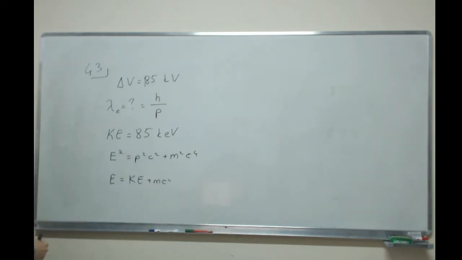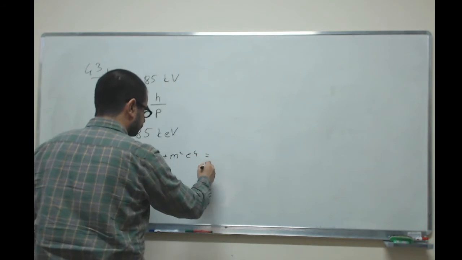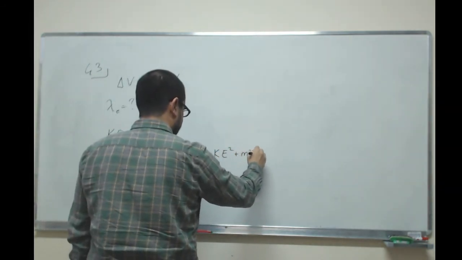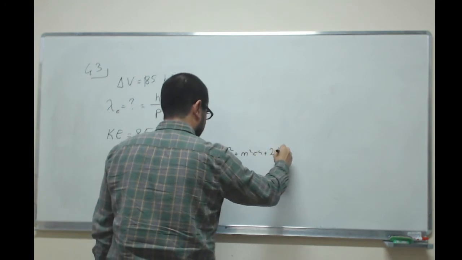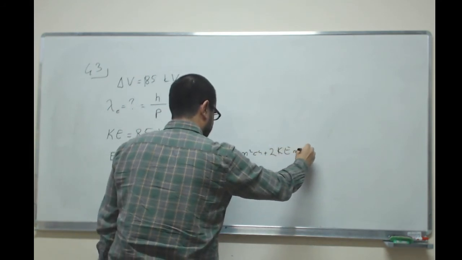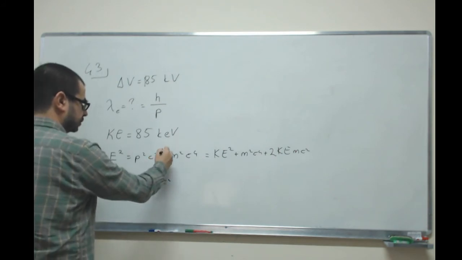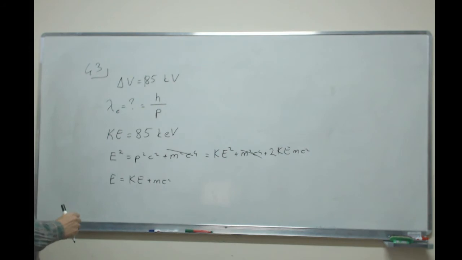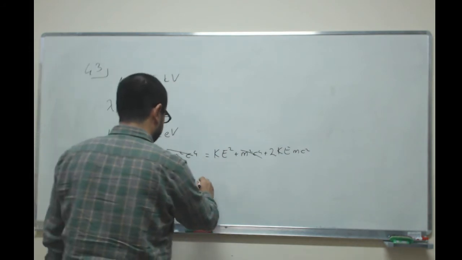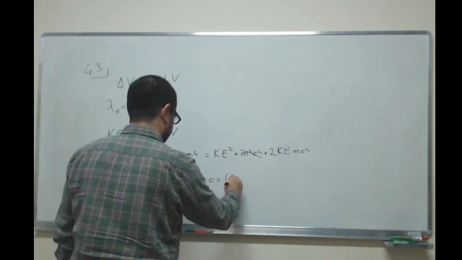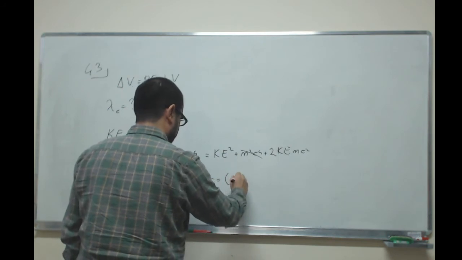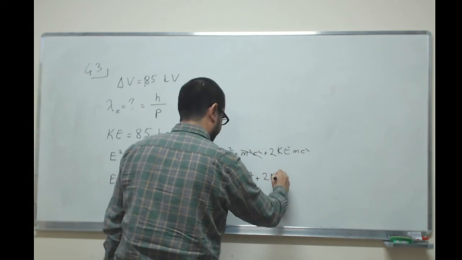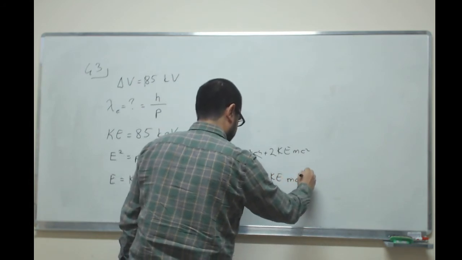So this E squared is going to become kinetic energy squared plus m squared c to the 4 plus 2 kinetic energy mc squared. So this drops out, and we have p squared c squared is equal to something. So p times c is going to be KE squared plus 2 KE mc squared, to the power of a half.